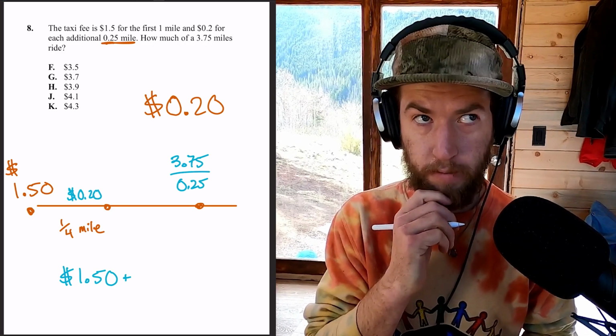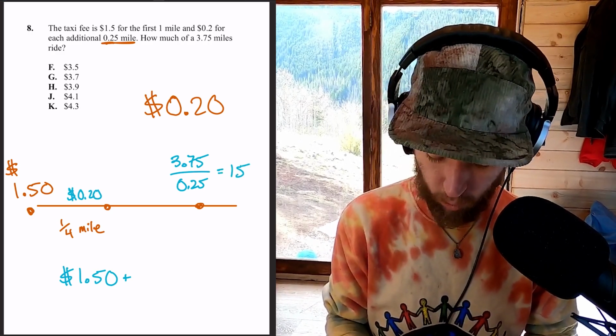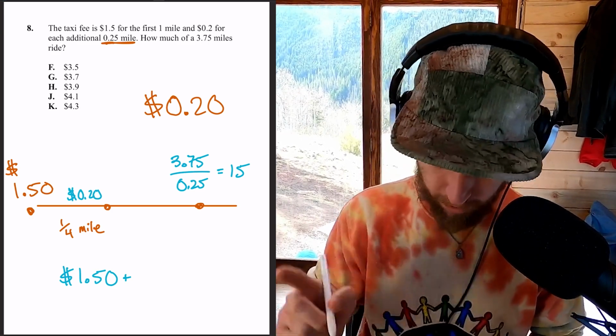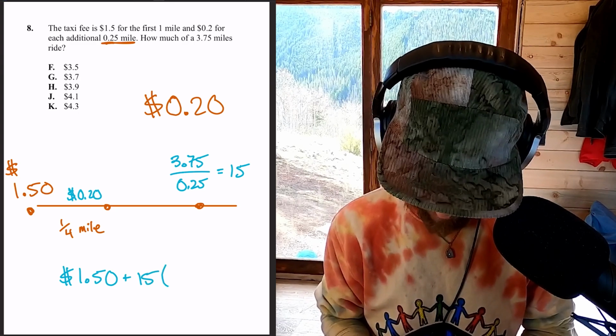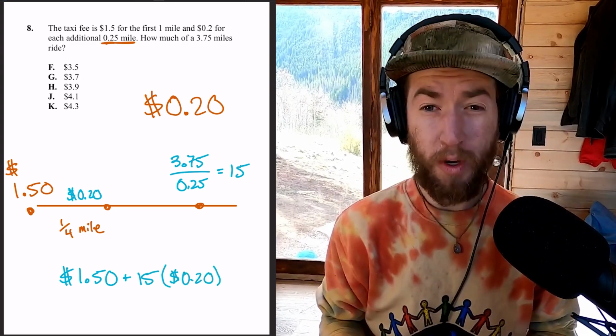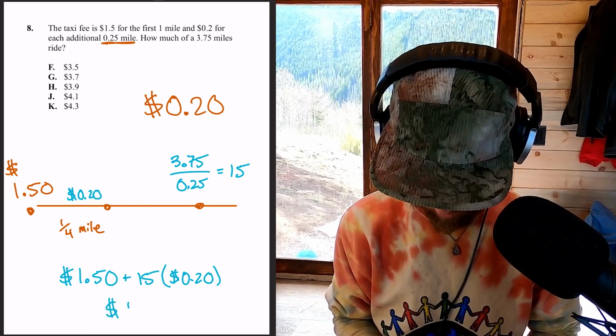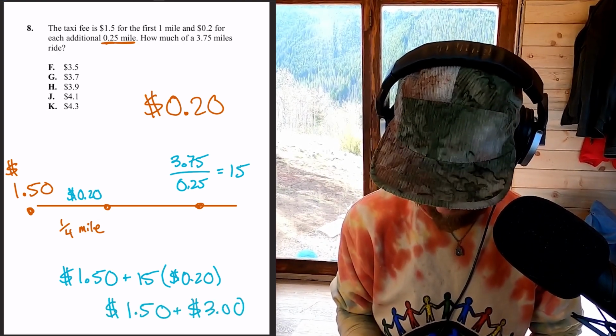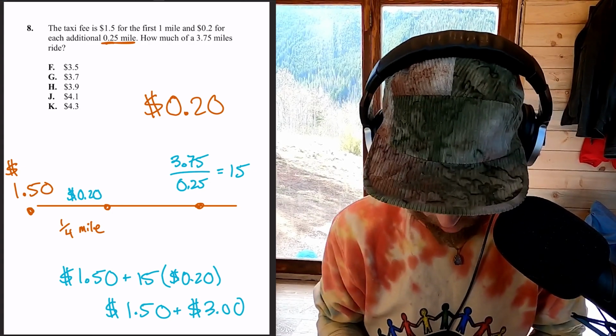There's 12, 13, 14, 15. So 15 quarters in 3.75. So you're going to travel a quarter mile 15 times. So 15 times the cost per quarter mile. 15 times 20 cents is $3. So $1.50 plus $3 is $4.50. I'm assuming that's an answer.